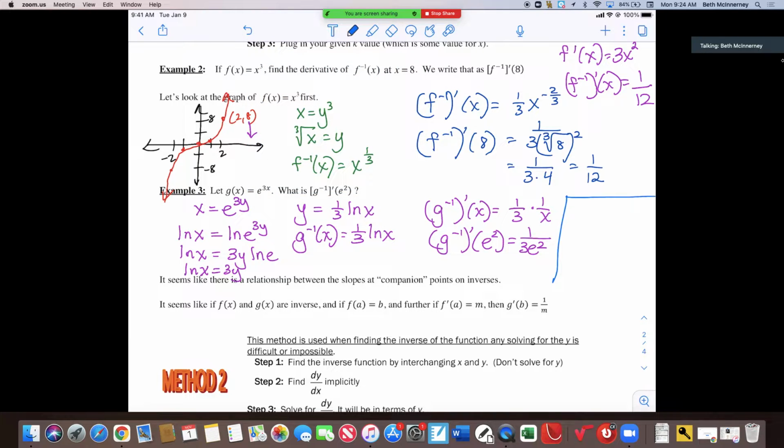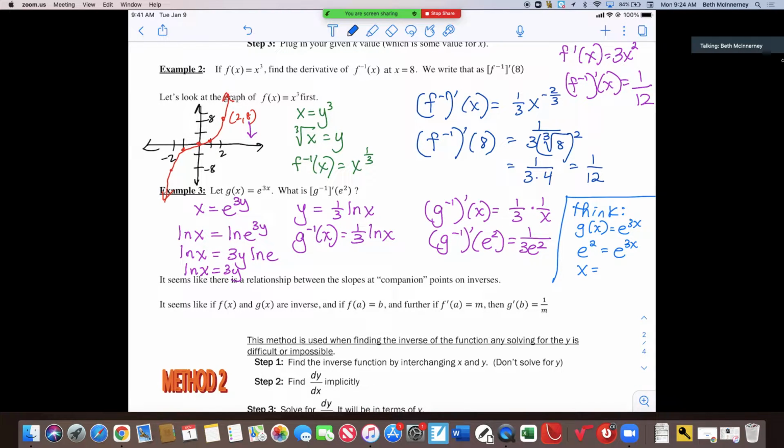Now, let's stop and think here a moment. If I looked at g of x, think of g of x equals e to the 3x, on g, e squared, I would want to know what the x value is. This is really telling me my output.